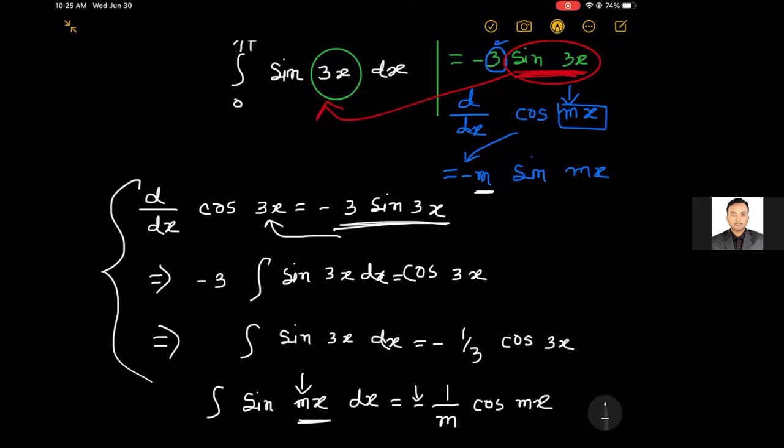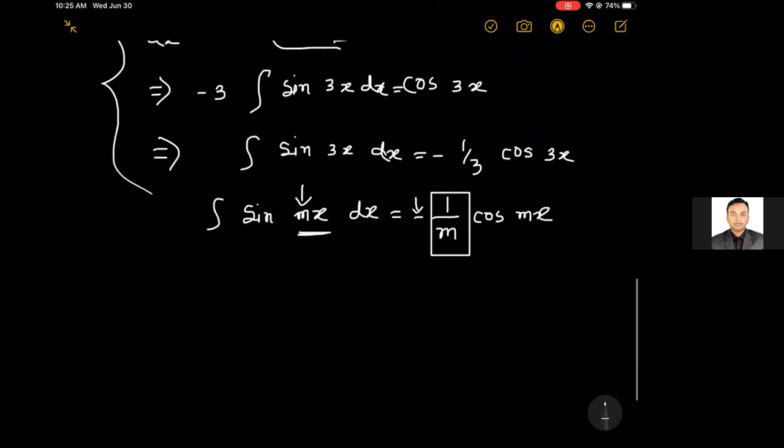So this is the general format of antiderivatives. For derivatives, the coefficient comes in front. For antiderivatives, the reciprocal of that coefficient comes in front. That means 1 over that coefficient will be here. Okay? This is the generalization of it.